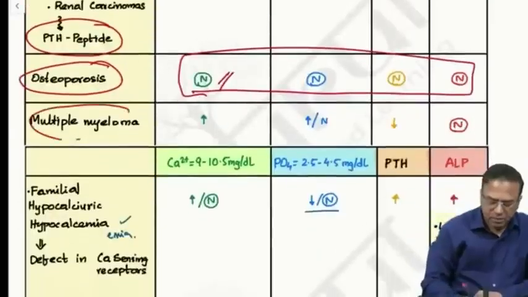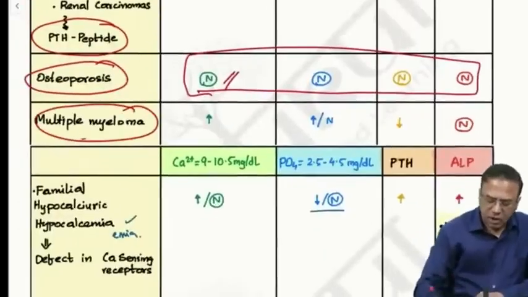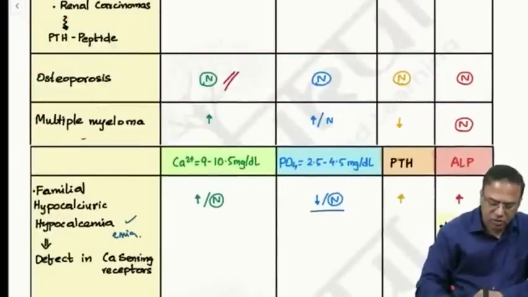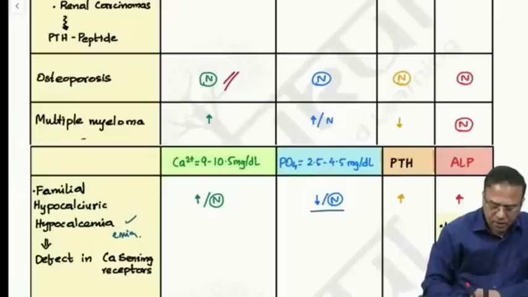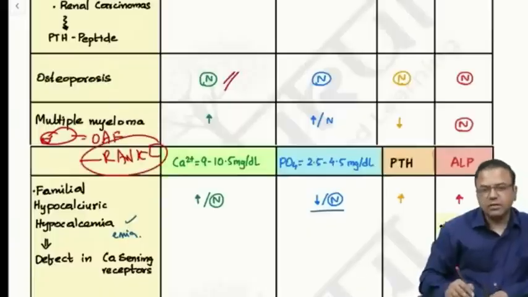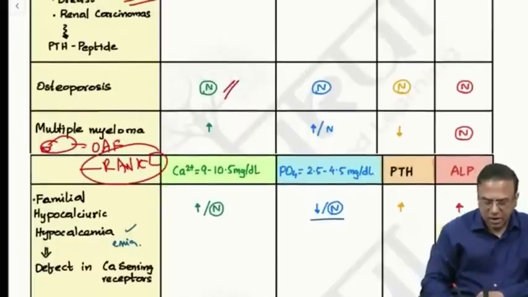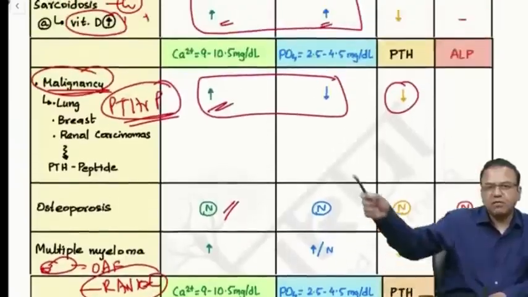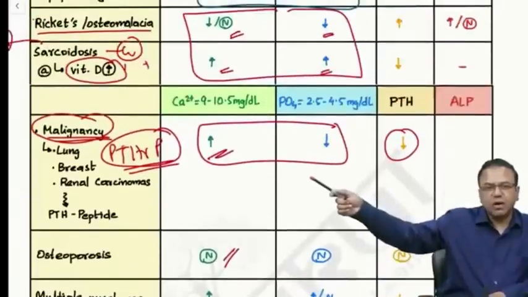In a patient with multiple myeloma, the malignant plasma cell produces osteoclast activating factors. Mainly there is something called RANK ligands. These RANK ligands directly stimulate the osteoclast. Remember, the pattern of lung cancer causing hypercalcemia is parathormone related peptide.